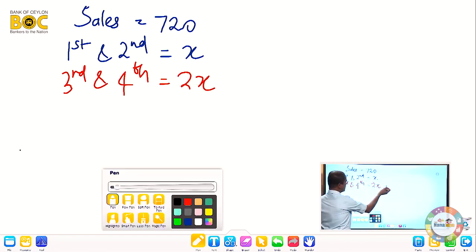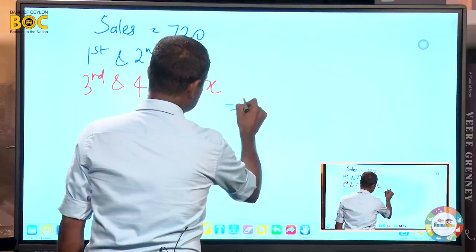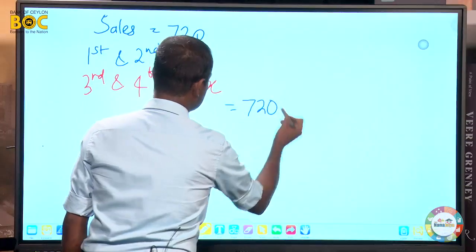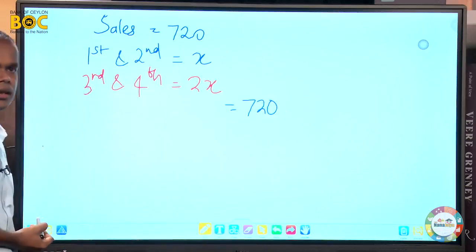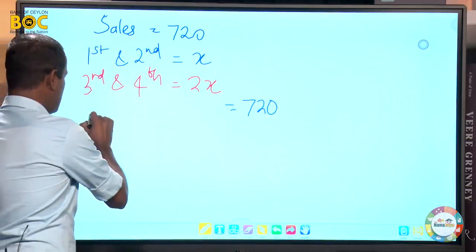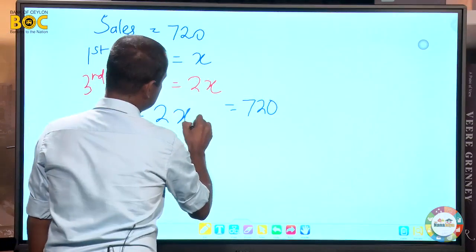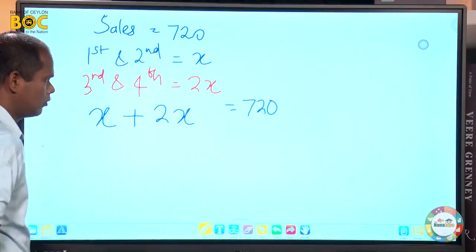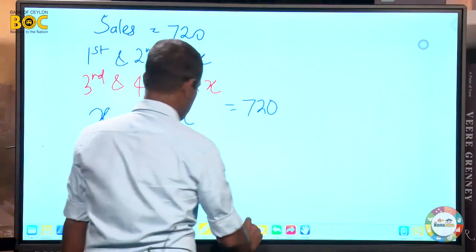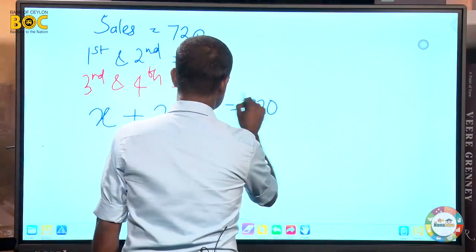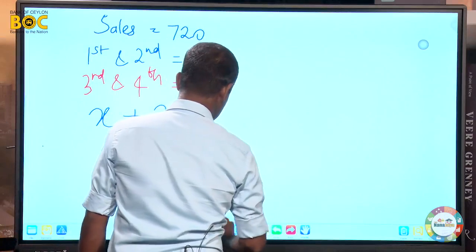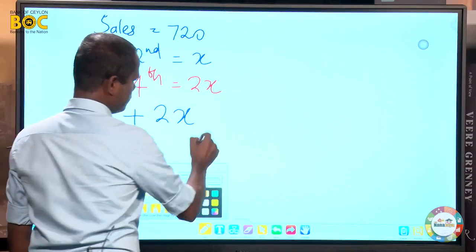Now the total sales should be equal to 720. X plus 2x should be equal to 720. X means first 2 quarters, 2x means second 2 quarters.